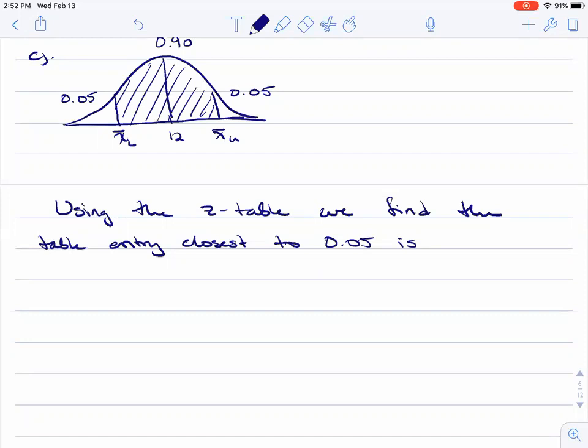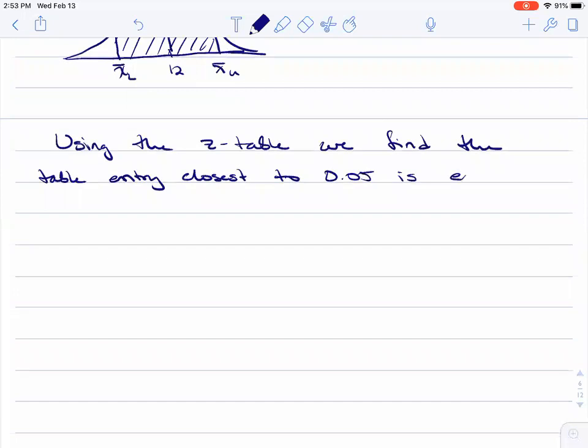There she be. It's either 0.0505 or 0.0495. If you've got a choice like this, you can just pick whichever one you want.